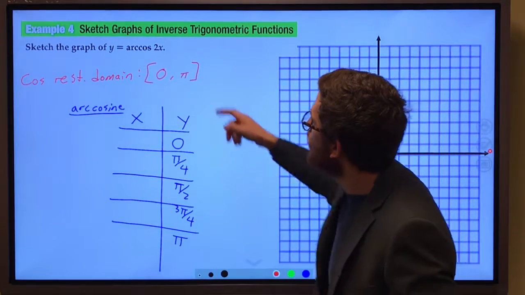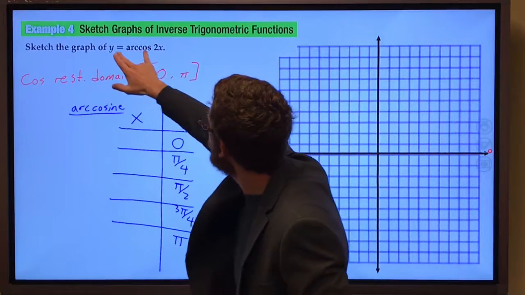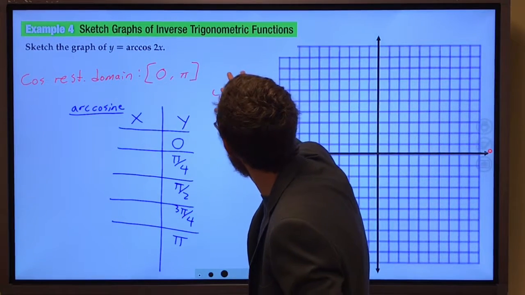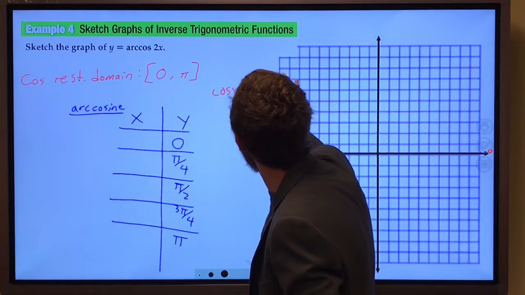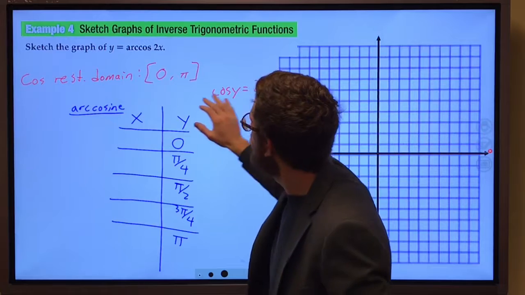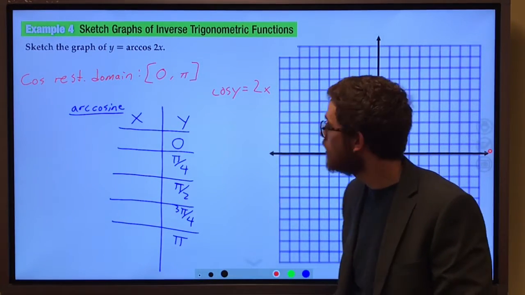So we are looking at y equals arc cosine of 2x. Well, if I take the cosine of both sides, that would mean that cosine of y is equal to 2x, because cosine and arc cosine undo each other.